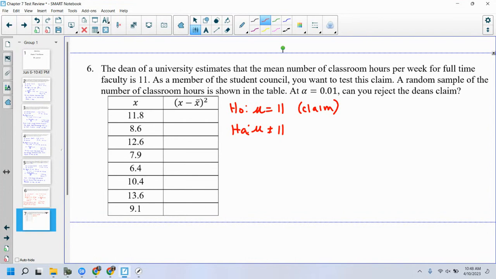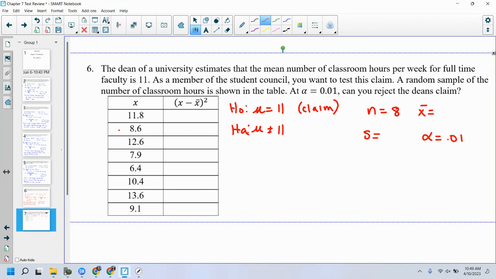All right. So x minus x bar. Alpha, we know that n is 1, 2, 3, 4, 5, 6, 7, 8. Looks like 8 classrooms. Do we know x bar yet? No. Do we know s yet? No. Do we know alpha? Yeah, 0.01.